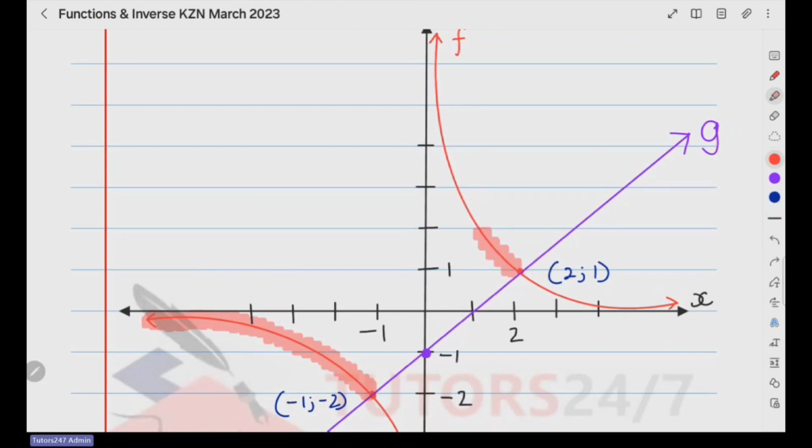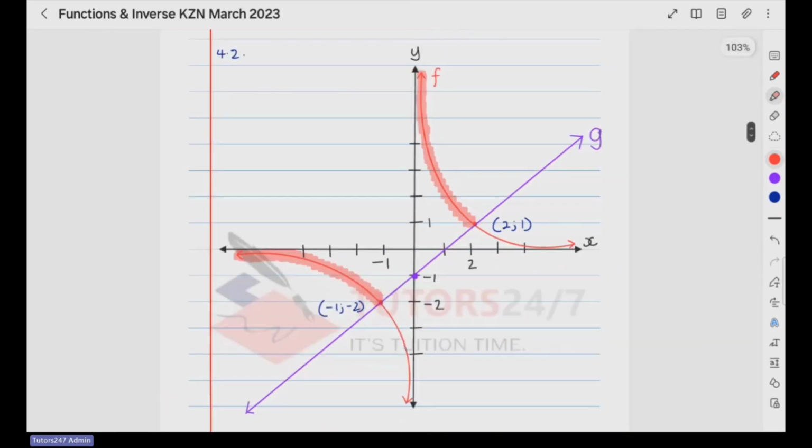So we keep walking, x is equal to 2, all the way until x is equal to 0, but never touching 0. So between 0 and 2 is where the red function is above the purple function. You can even see it in the areas that I've highlighted.